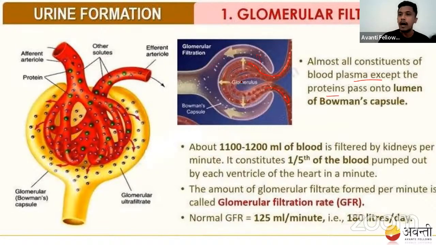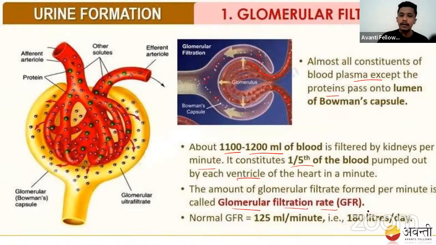Our kidneys filter around 1,100 to 1,200 ml of blood every minute. That means one-fifth of the blood pumped out by our ventricles is filtered by our kidneys. If I take 1 minute and look at the amount of filtrate formed in the lumen of the Bowman's capsule in that minute, that is the definition of glomerular filtration rate.